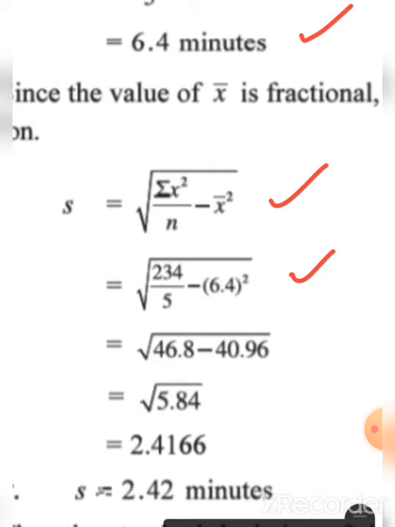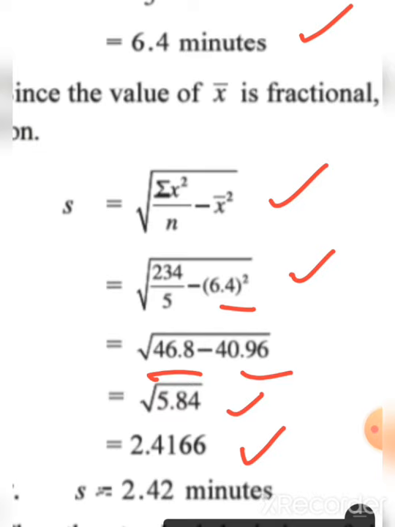First of all, we will divide 234 by 5. You will get 46.8 minus the square of 6.4, which is 40.96. You will just deduct them first of all. It will give you 5.84, and as you do the root of it, it is 2.4166.